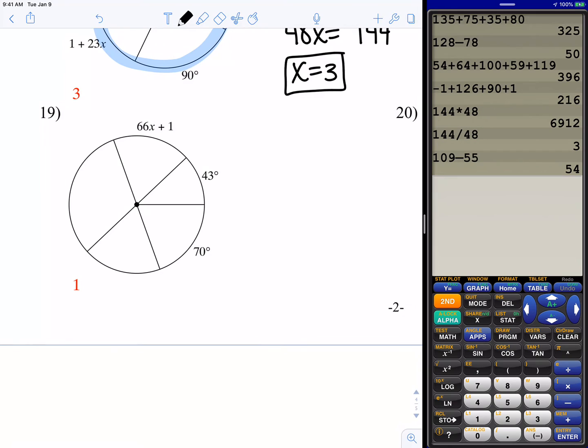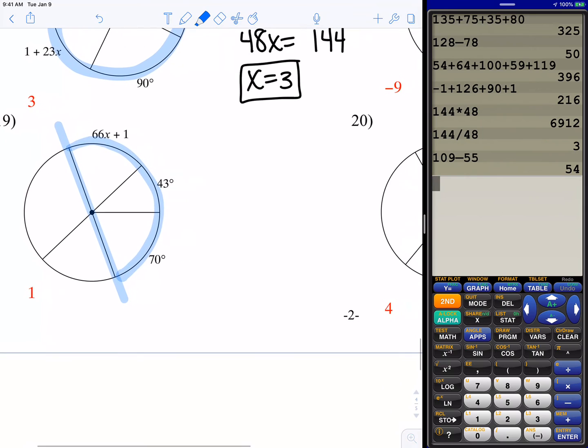All right, 19. Again, I have a diameter, and that one is helpful because it cuts off half a circle, and I have an expression for every arc in that half of the circle. So those three arcs add up to 180 degrees.